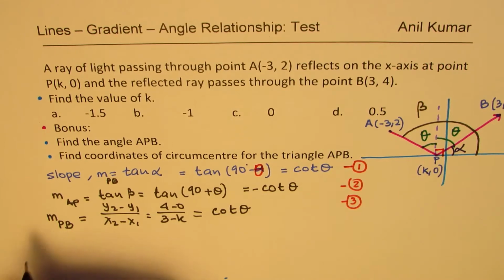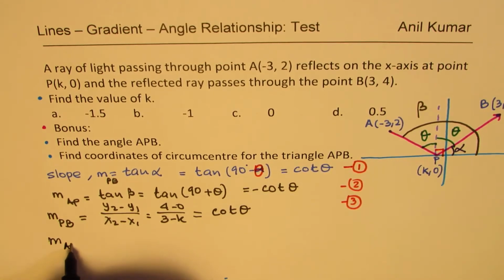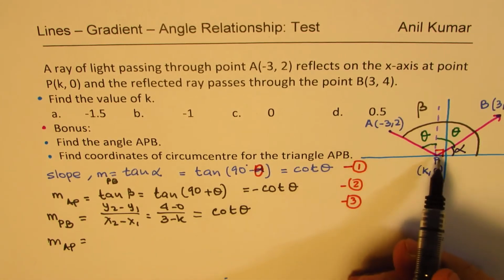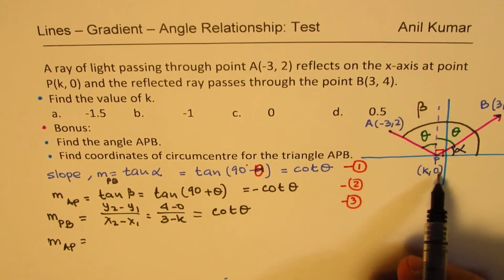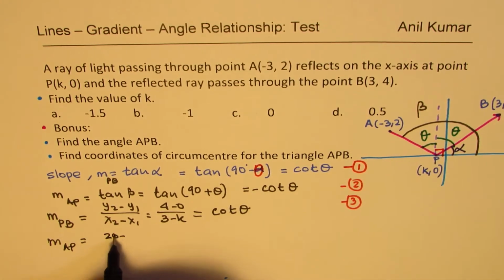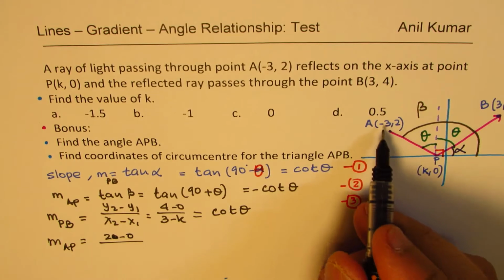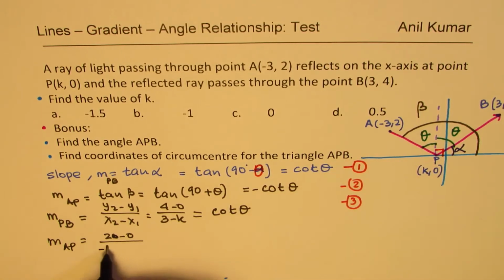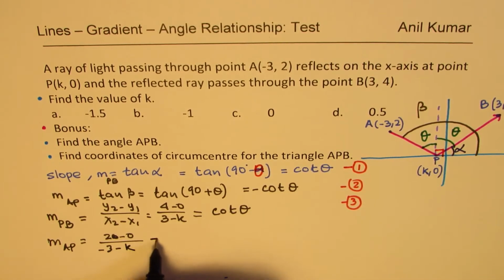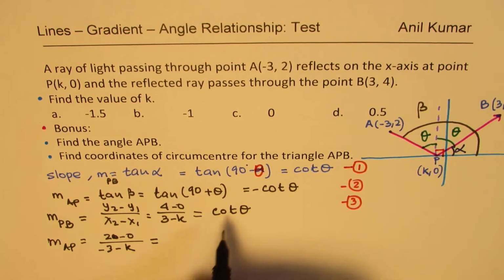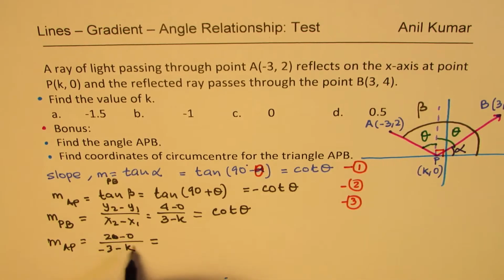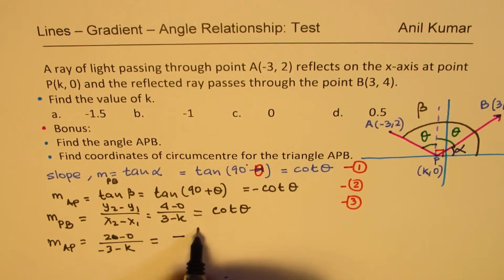Now, what is the slope A to P? Slope A to P is basically 2 minus 0 over minus 3 minus k. Let me simplify this, there are too many minus signs here. We'll take minus outside. So we get minus 2 over 3 plus k.